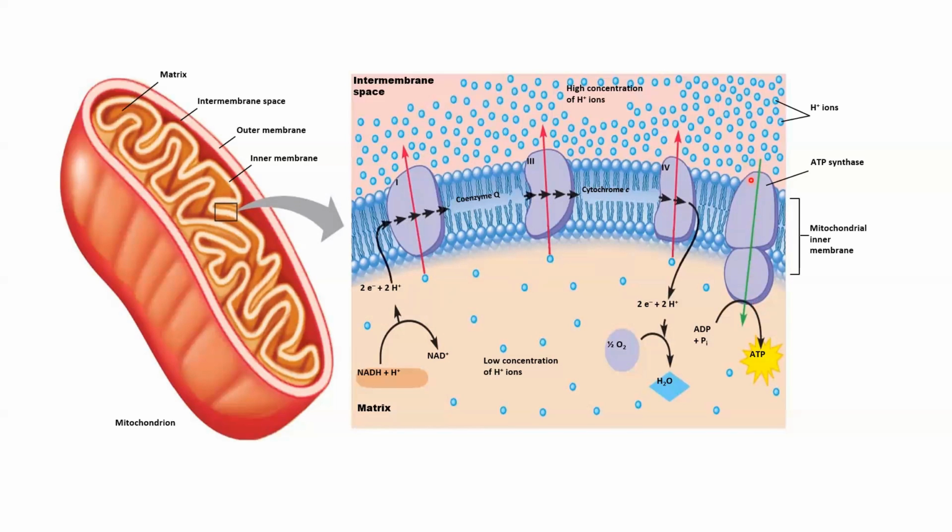The final transporter, which is ATP synthase, can then move these hydrogen ions down their gradient, and that can be used to phosphorylate ADP and make ATP. Meanwhile, oxygen is standing by to be the final acceptor of the electrons at the very end of the chain. It's going to make water as those electrons are combined with hydrogen ions and oxygen, and then that will be released as a byproduct.